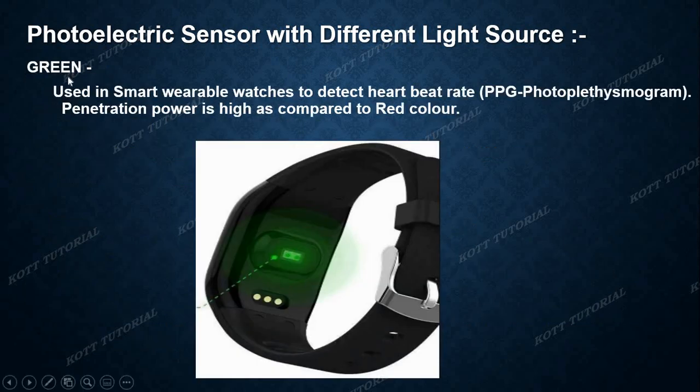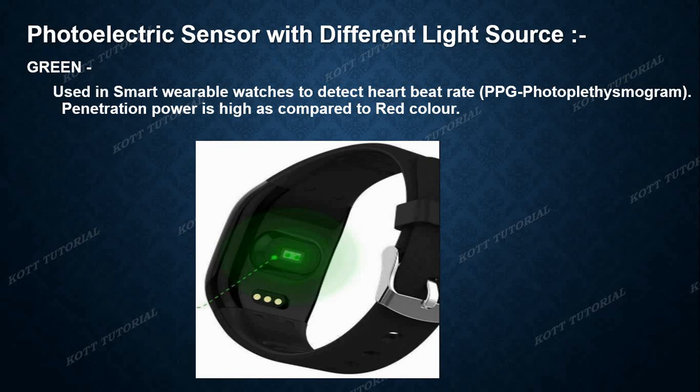Green light source. See, this type of green light source sensors are mostly used in the wearable devices like watches for the detection of our heartbeat. See, the green light has a penetration power through our skin. So for that application we use the green light source sensor, and these are mostly used for wearable devices.